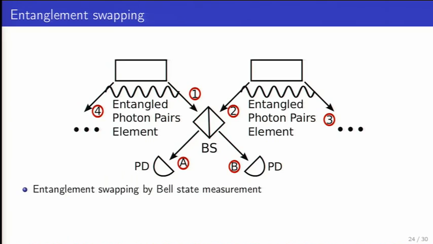When these photons bunch, the entanglement between these two and the entanglement between 2 and 3 is swapped, and afterwards you have entanglement between 3 and 4. And thereby you have swapped an entanglement and reached a greater range.